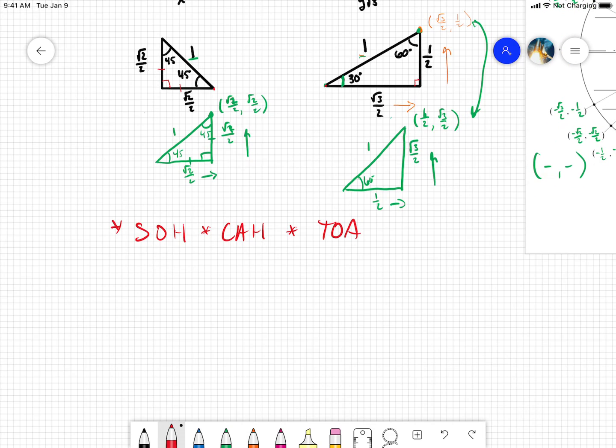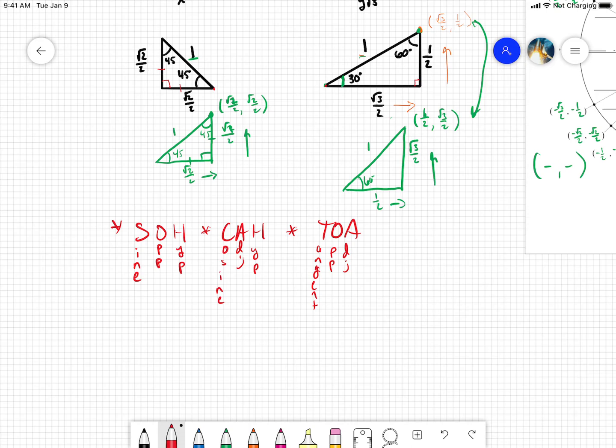And what this stands for is sine: my sine of some angle is equal to the opposite side over the hypotenuse. Cosine is equal to the adjacent side over the hypotenuse. And tangent is equal to the opposite side over the adjacent side.